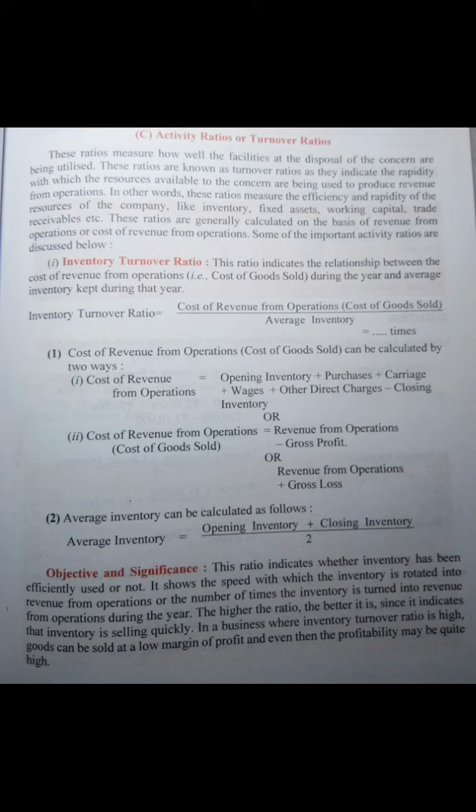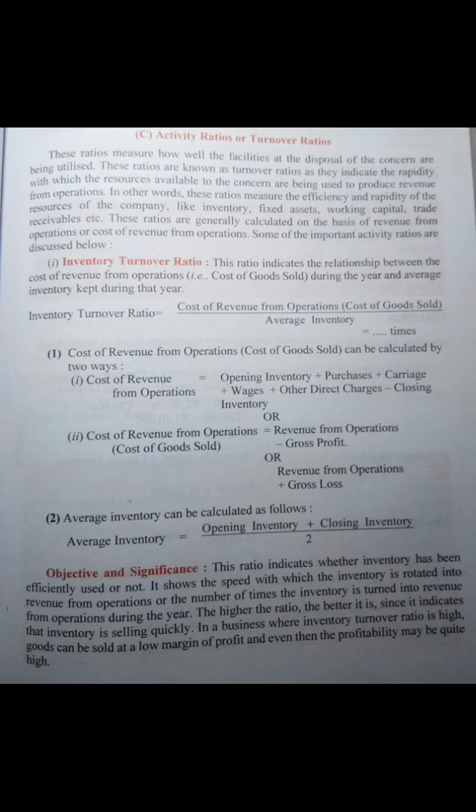This is the first way to calculate cost of revenue from operation. Or we can calculate it by subtracting gross profit, or adding gross loss, in revenue from operation. In both ways, we can easily calculate the cost of revenue from operation.